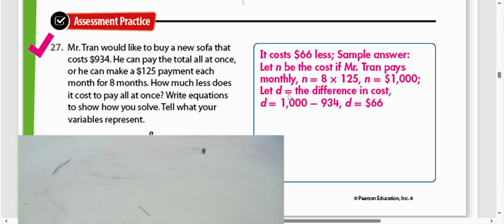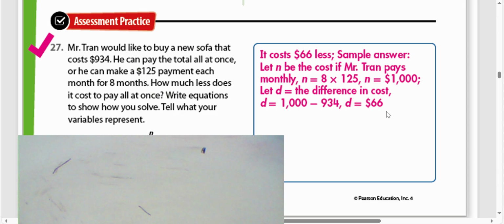We can write this equation. The total will be $66. Why? It is the cost if Mr. Chen pays monthly at $125. We know 125 times 8 equals 1000. Let D be the difference in cost: 1000 minus 934 equals $66. Then the result will be $66.